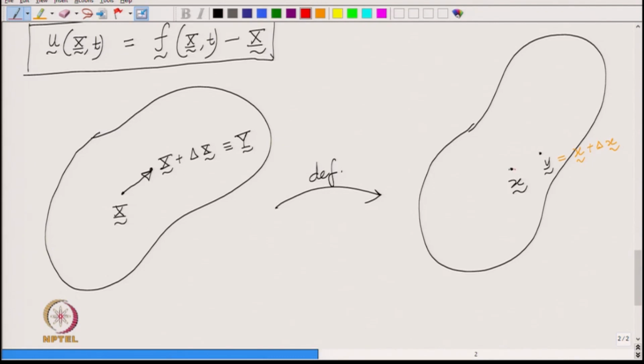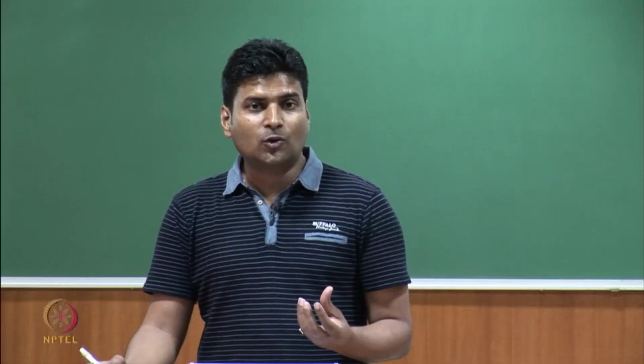Now, the material line that we have originally, which is a straight line, will in general not be a straight line. So, it will become, let us say, curved, but as the 2 points get close to each other, the curved line will start looking like a straight line. And as we want to measure the longitudinal strain at a point big X, we have to think of line elements which should be associated with the point big X. So, you will see later on that we will make this delta x go to 0.